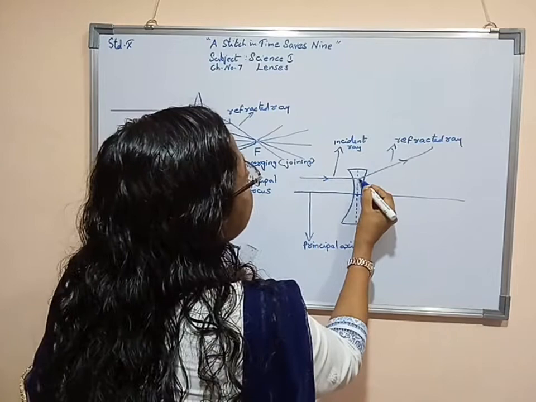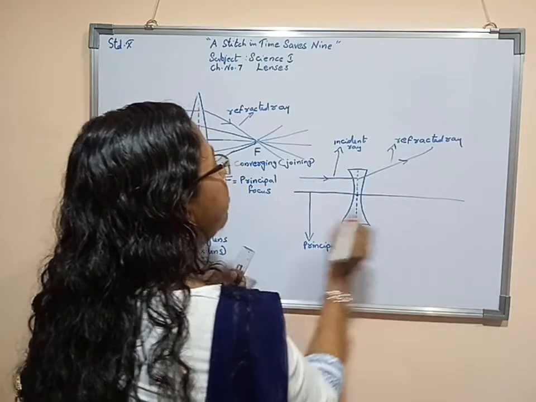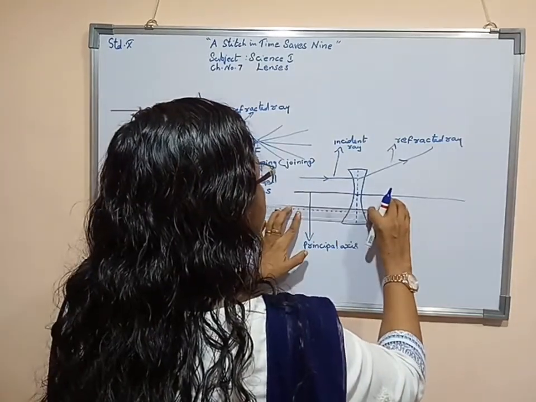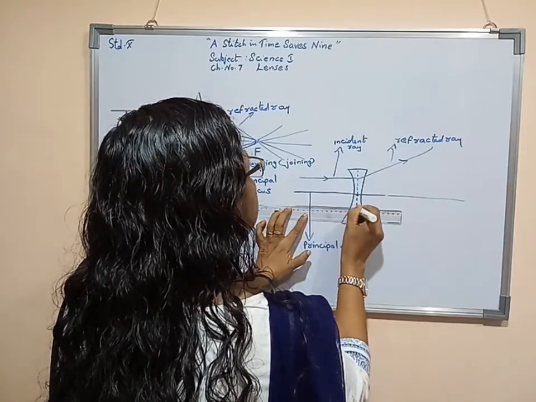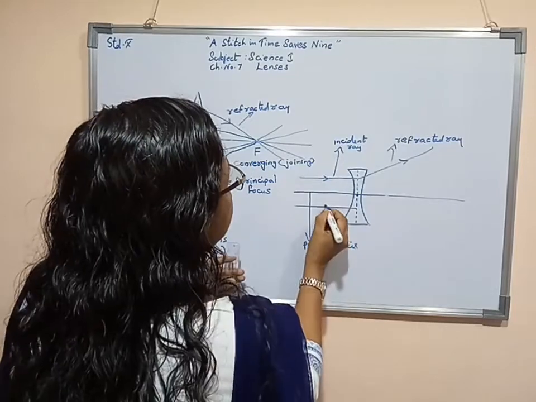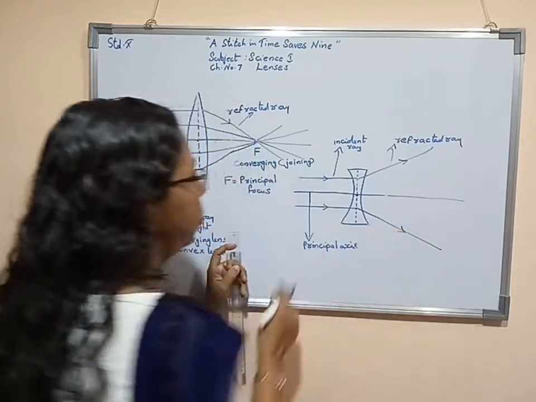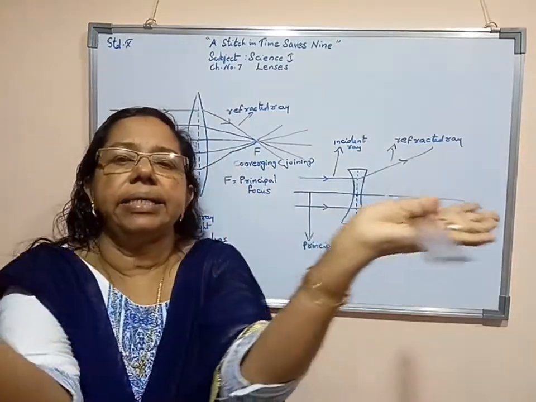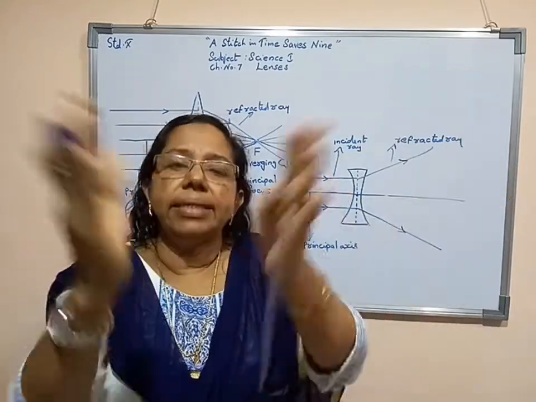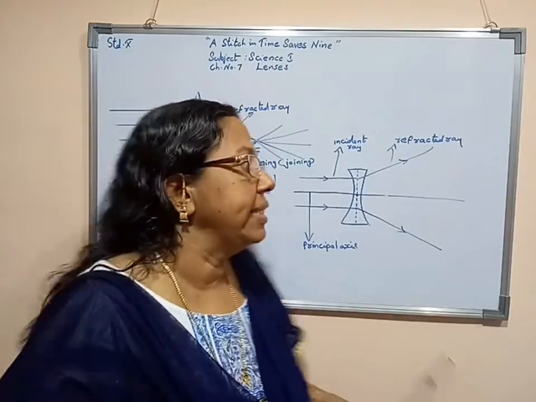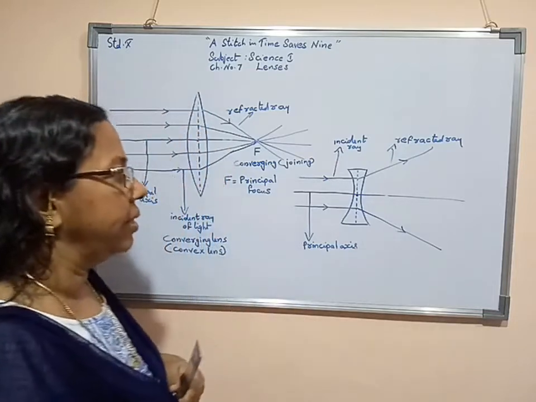Now, again I will draw from here also an incident ray towards the lens. After refraction it goes in another direction, in the opposite direction, in a diverging condition. They are not joining, they are going in different directions. So this ray is diverging and going, and this ray is also diverging and going.